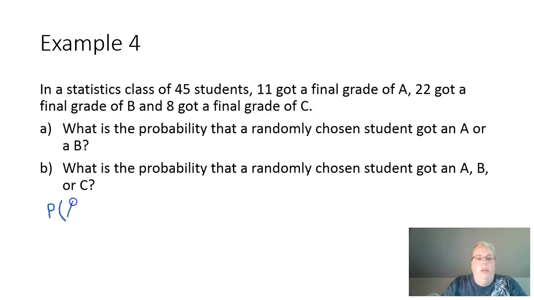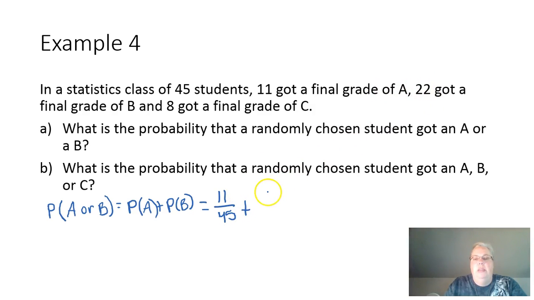So we're looking for the probability of an A or a B, which should be the probability of getting an A plus the probability of getting a B. And since they're mutually exclusive, there will not be any overlap here. So the probability of getting an A, well, 11 students got an A, so this is going to be 11 out of the whole class, which was 45, plus, then we have 22 who got a B, so the probability of getting a B is 22 out of the whole class of 45.